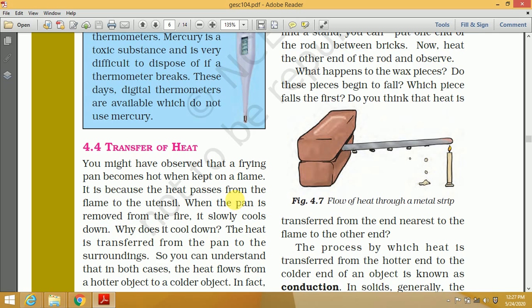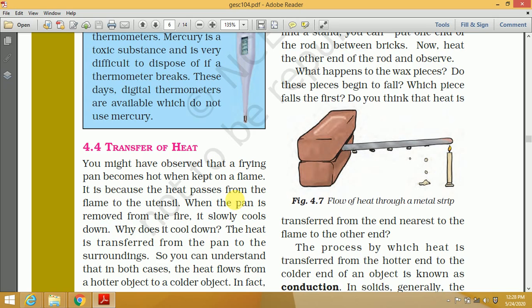And similarly, if you have a cold glass of water and again it is left open in the room, then you will see that after some time it will become warm. So hot tea will become cold and cold water will become warm after some time.